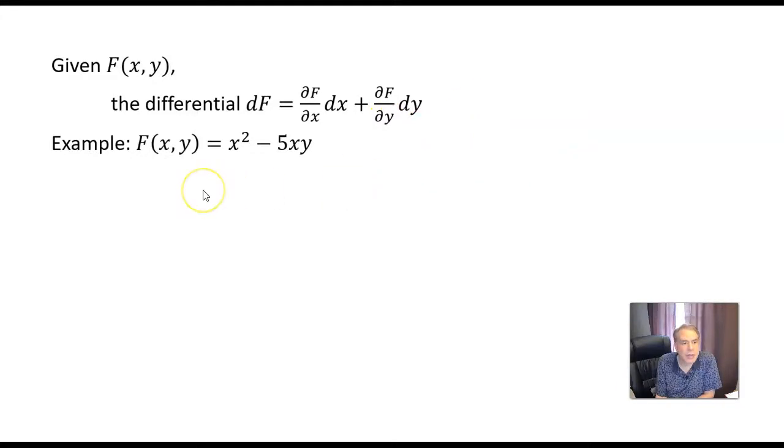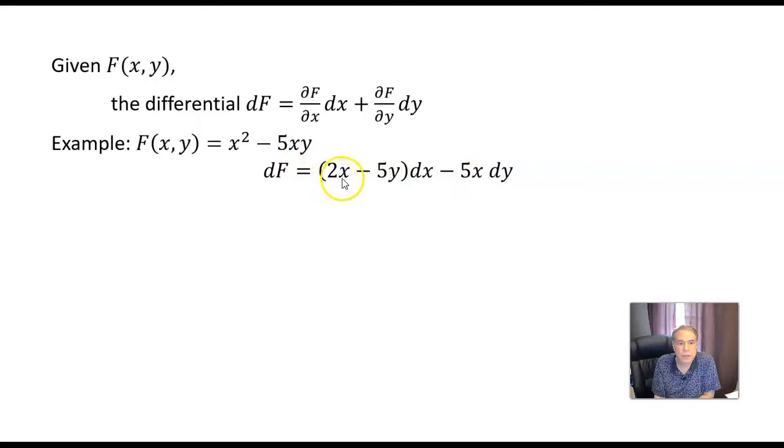So for example, say f of x and y is the function x squared minus 5xy. The total differential would be the partial derivative with respect to x. So when we differentiate with respect to x, the derivative of x squared is 2x, and for minus 5xy, the minus 5y gets treated as a constant, and the derivative of a constant times x is just that constant.